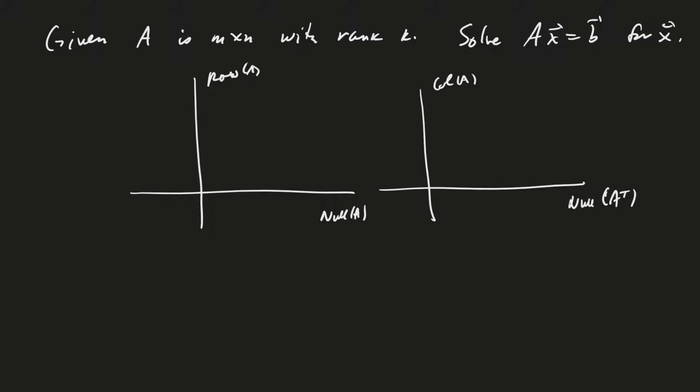Now, this is going from Rn to Rm, and because m and n are typically not the same number, we would have to say that this mapping x to Ax is not invertible, right?